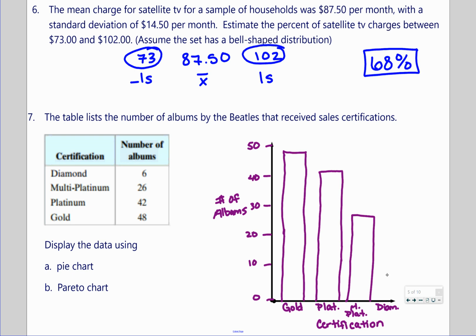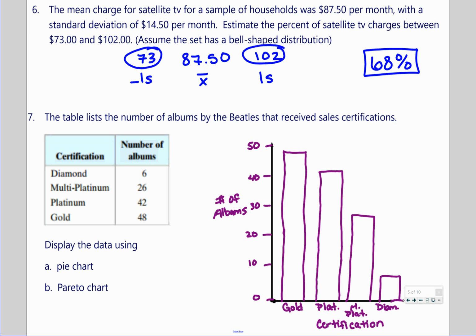And then diamond is at 6, something like that. And you can fill them in if you want. Good on that one?